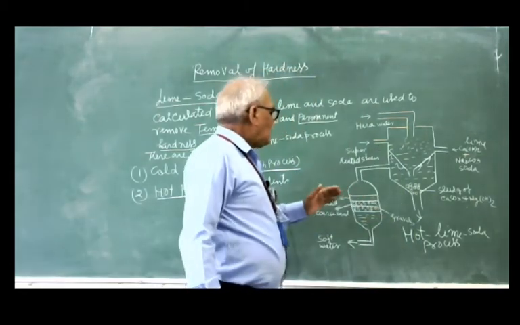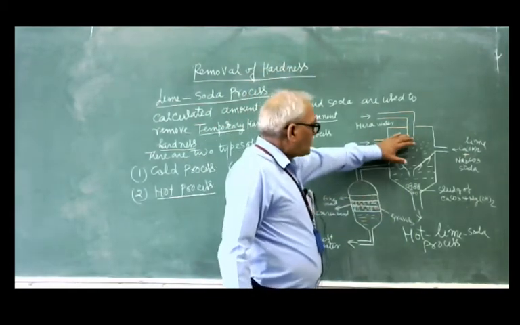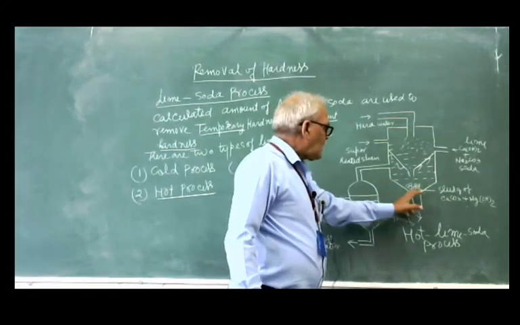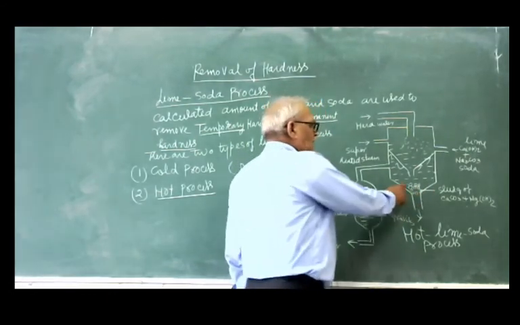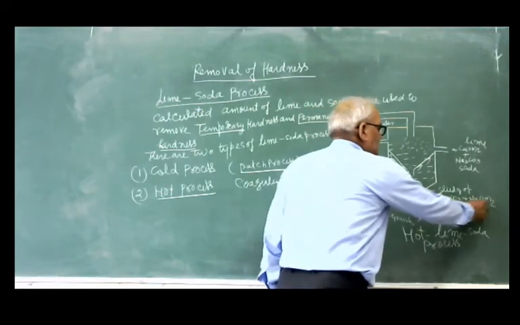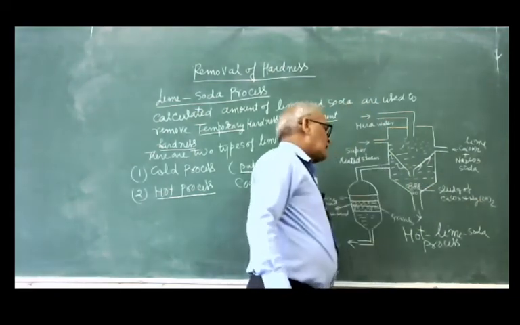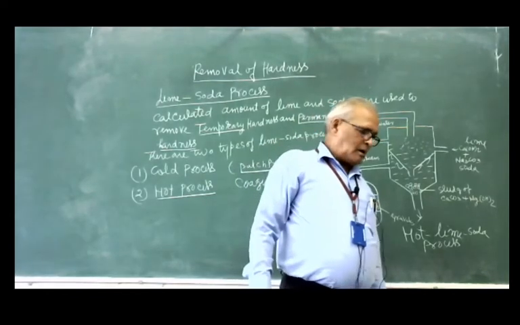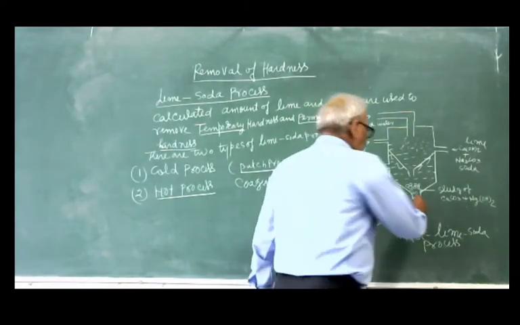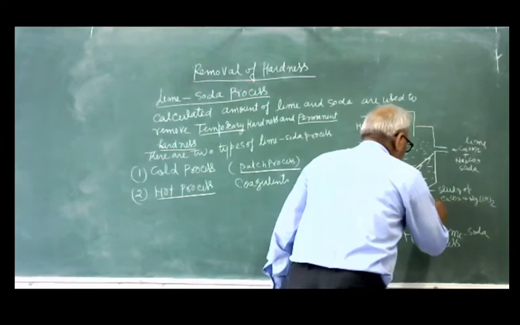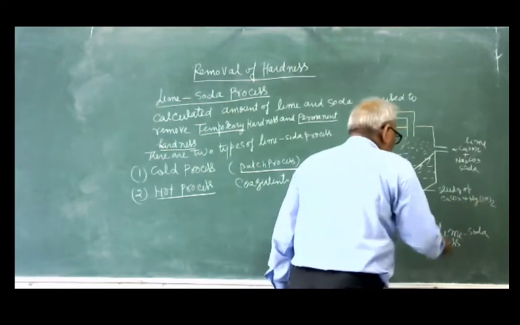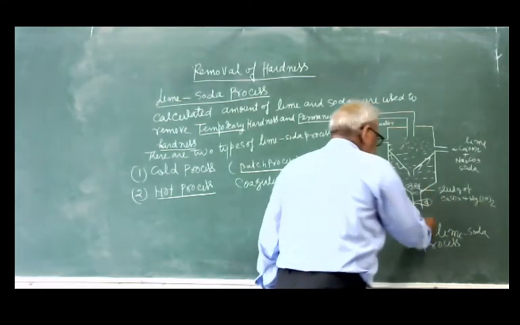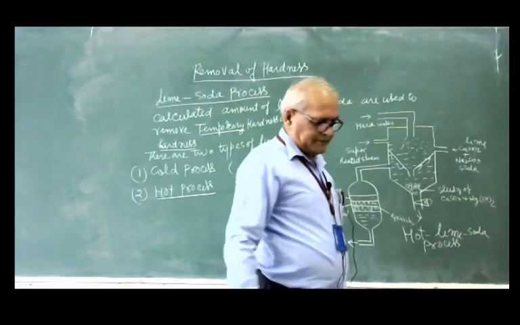In this way, the sludge, here just see the sludge. This is the calcium carbonate or magnesium hydroxide. These are precipitated, and we can open it, and the sludge can be removed.